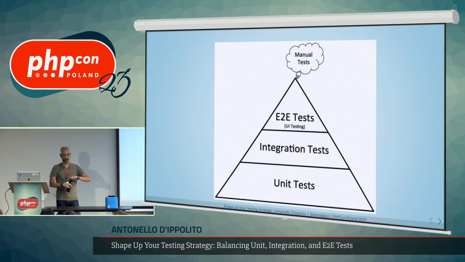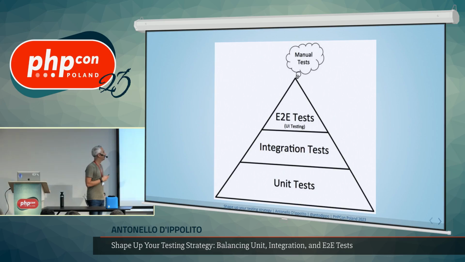It's very famous. It's the test pyramid. Who never saw this shape before? Well, like a couple of people. Okay, that's nice, because this is kind of famous. It's been there for a while. It was introduced, I don't know, probably 20 years ago.